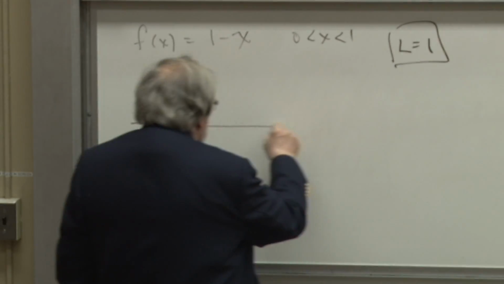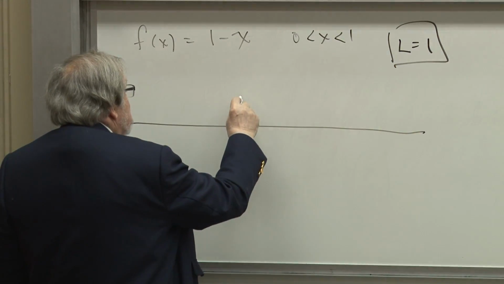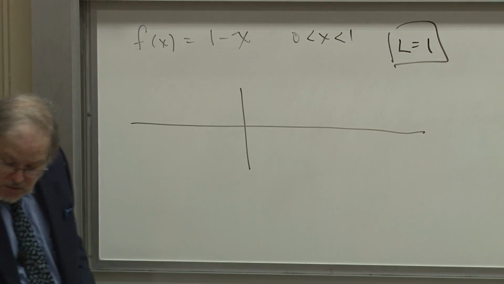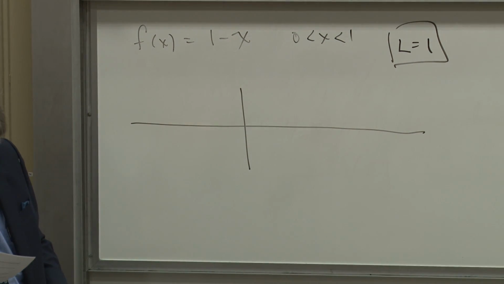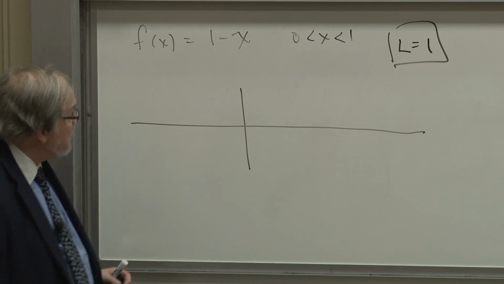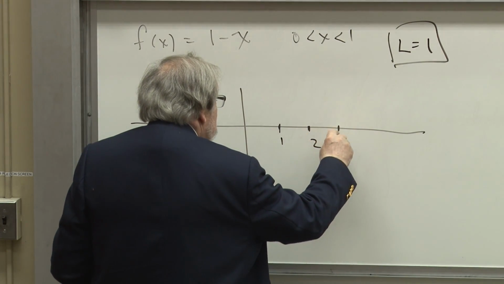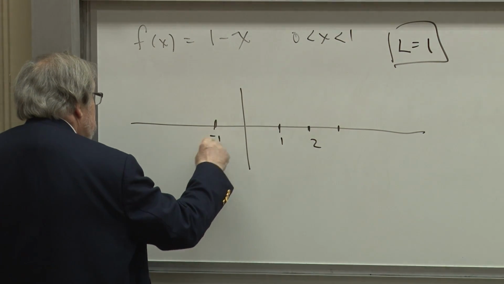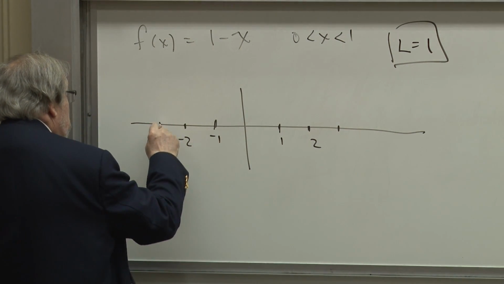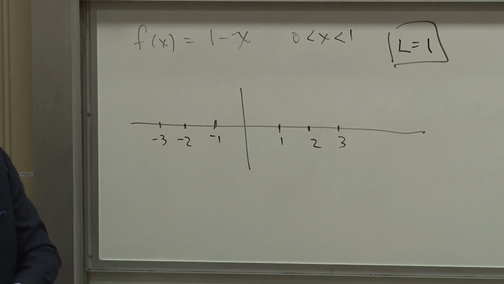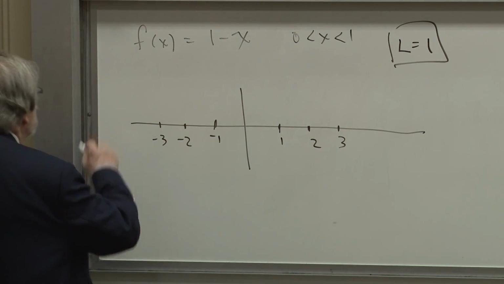Okay, so the point about a Fourier sine series is this. We're supposed to plot this thing from -2 to 2. I'm going to go, in fact, a little bit larger, to 3. Okay, so Fourier sine series.